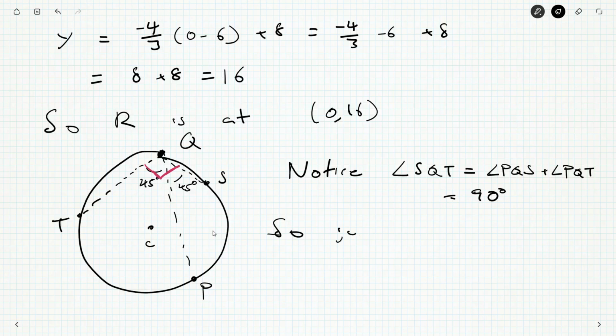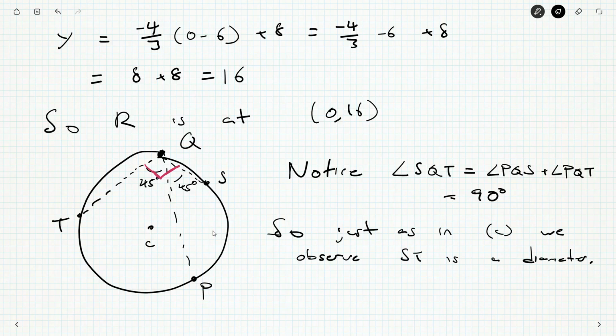So just as in C, we observe ST is a diameter. So that's pretty nice. The question is, where do we go from there? Yeah, it's a diameter, but how am I going to find this diameter? What's there to do?